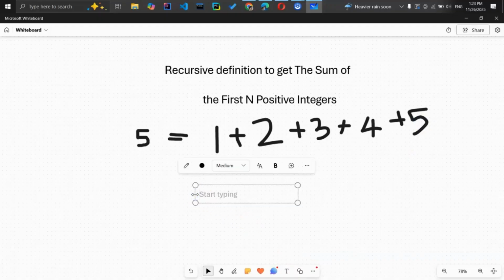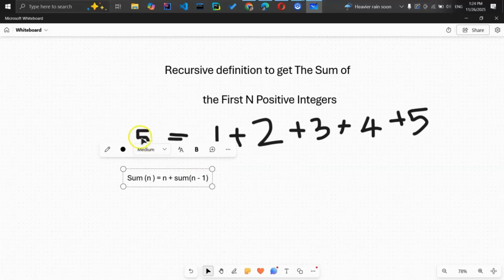But in the recursive way, we can write it like this, equal to n plus the sum of n minus 1, like this, right? n means 5. 5 minus 1 means 4.